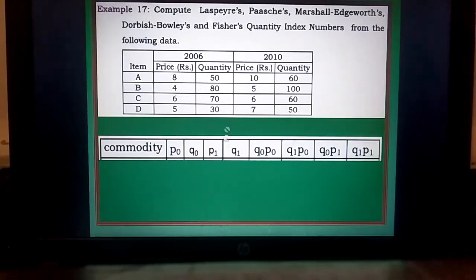And after that, once we want Laspeyres' to Fisher's, almost all the combinations of P0, Q0, P1 and Q1 we need to calculate. That's why without observing the formulae, we have just shown all the combinations are required as Q0 P naught, as Q1 P naught, as Q0 P1 and as Q1 P1. So one by one, all these index numbers we shall consider and perform the calculations in terms of columns and substitute in the formula and calculate to get the final answer.